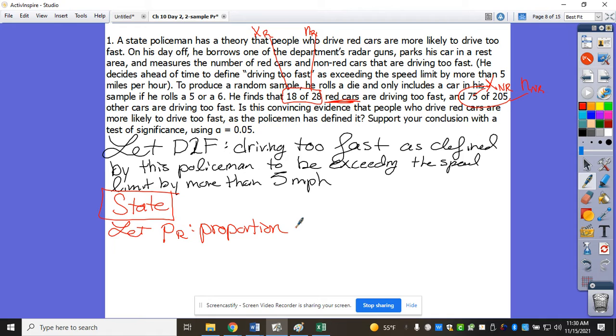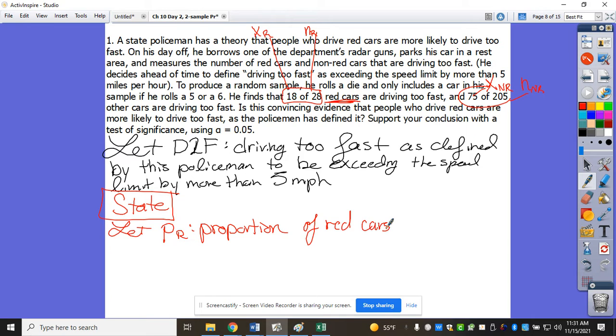Be the proportion what? I could get a little bit better than just red cars, probably, but it didn't really talk about it. How could I talk about it to actually be better for this problem?